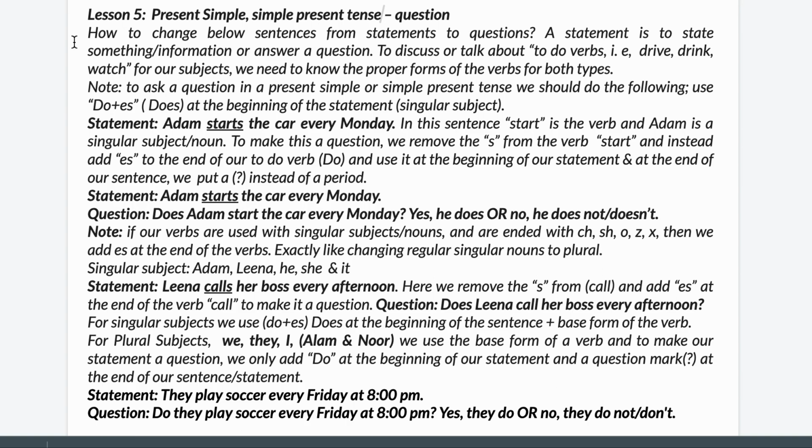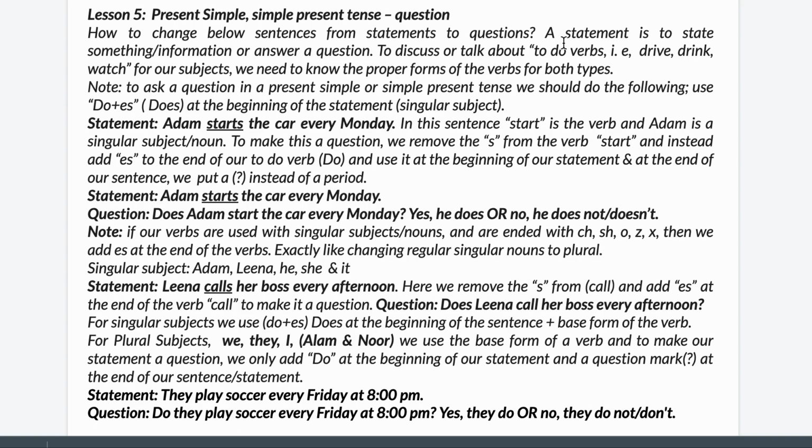That's why I have explained the process of making a statement to a question or making a question out of a statement is clearly defined here. So all you need to do is just read it and analyze it and understand it. So a statement, first of all, we have to know the meaning of a statement. So there are different ways we can talk, and a statement is usually we state something, we assert something, we talk about something.